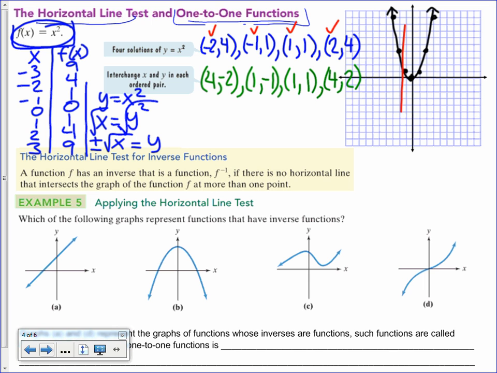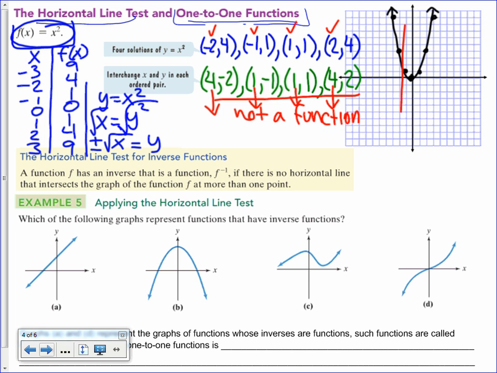But if we look at the second one, after interchanging the x and y coordinates, would you guys say that is a function? No, right? So we have 4 here, and we have 1 and 1. So because of that, this is not a function.